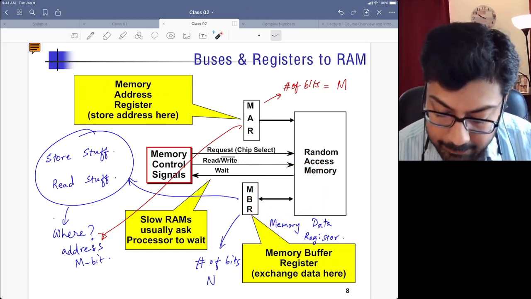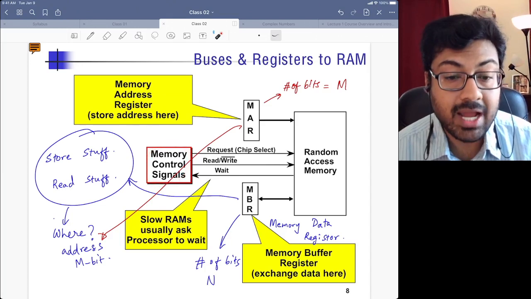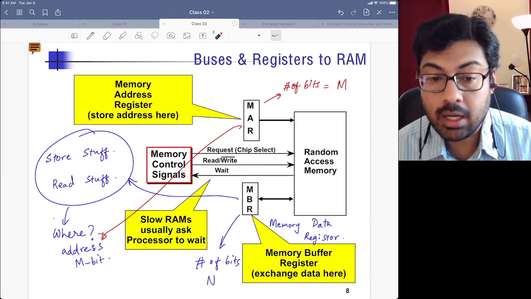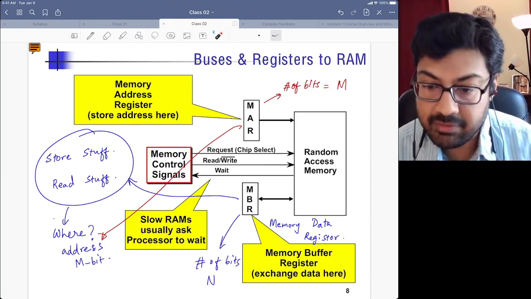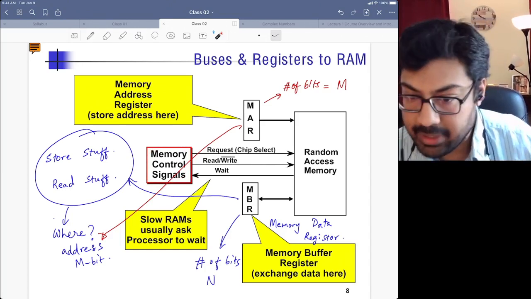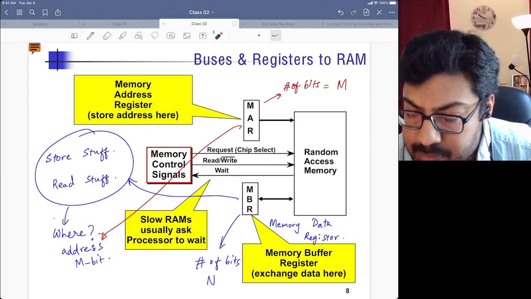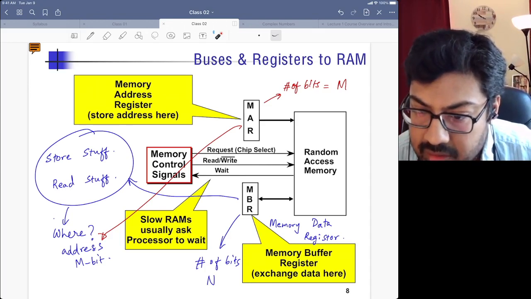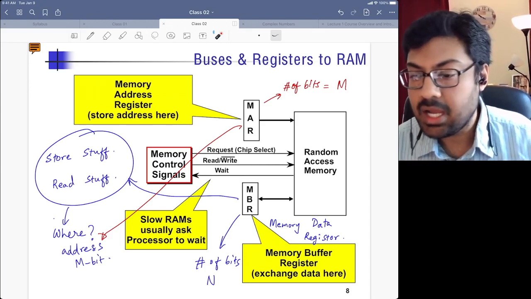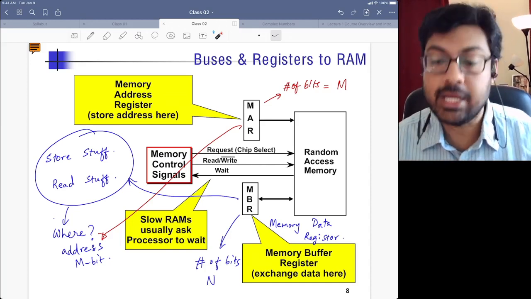Now, there are certain memory control lines that you will need to send or receive from the memory. Does M equal something specific, or is it just to show that address and data aren't the same? Yeah, it is just to show that they aren't the same. They don't necessarily need to be the same.